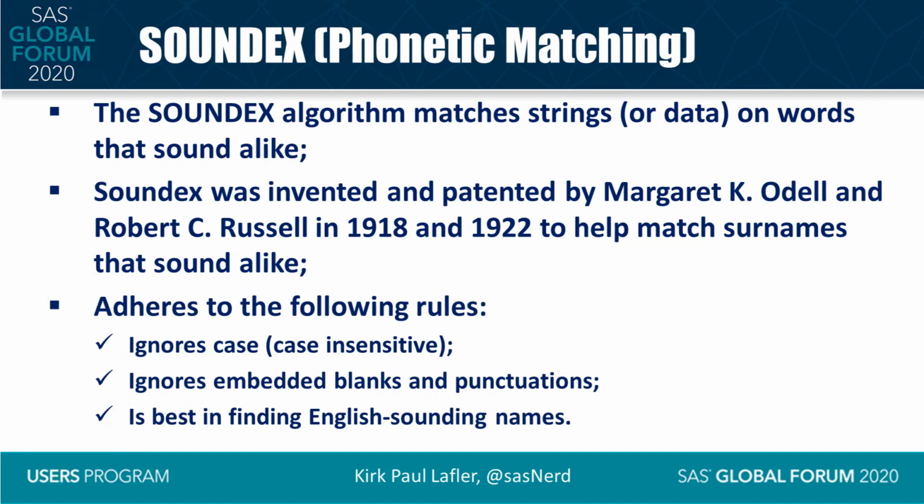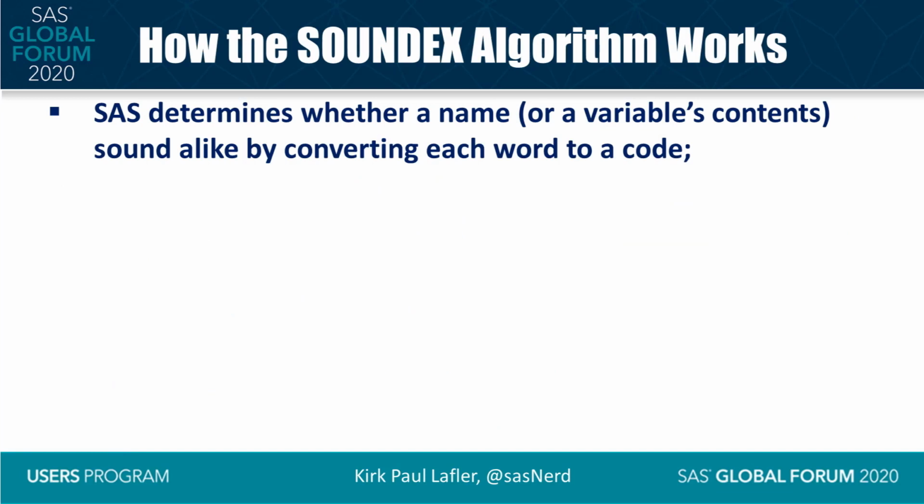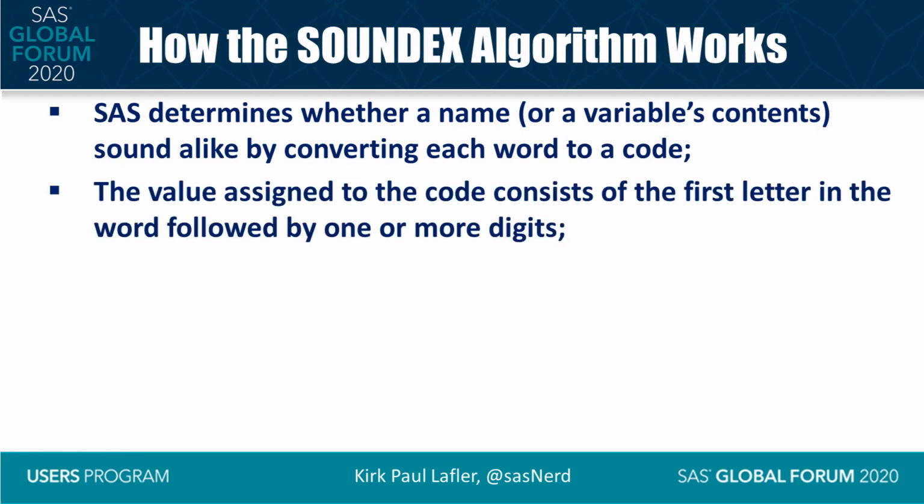So how does the SOUNDEX algorithm work? SAS determines whether a name or a variable's contents sound alike by converting each word to a code. The value assigned to the code consists of the first letter in the word followed by one or more digits.